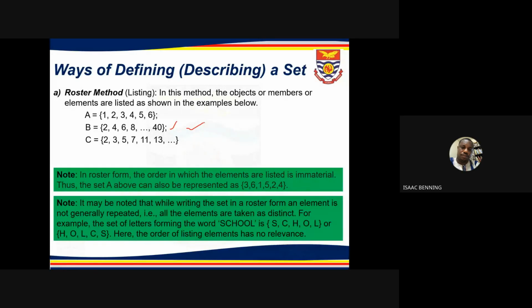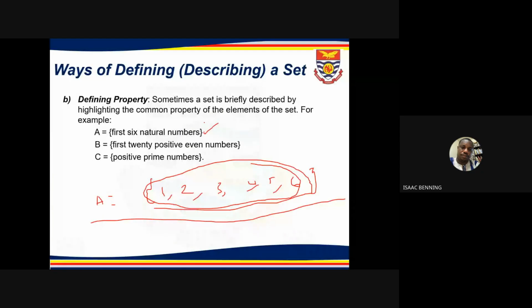Then for set C, if we are to describe it by defining, what will you say? Set of prime numbers. Okay, the set of prime numbers. But with prime numbers, you still have to be very distinct.